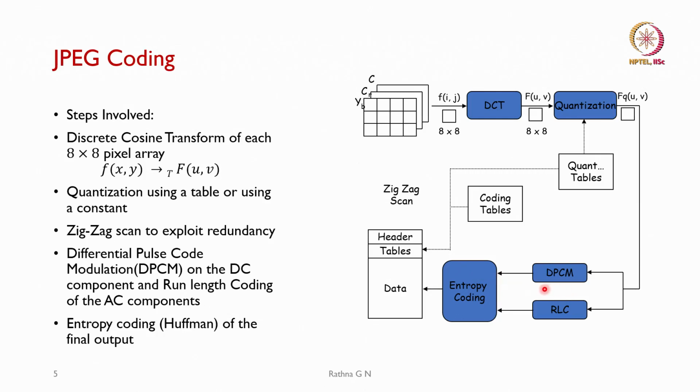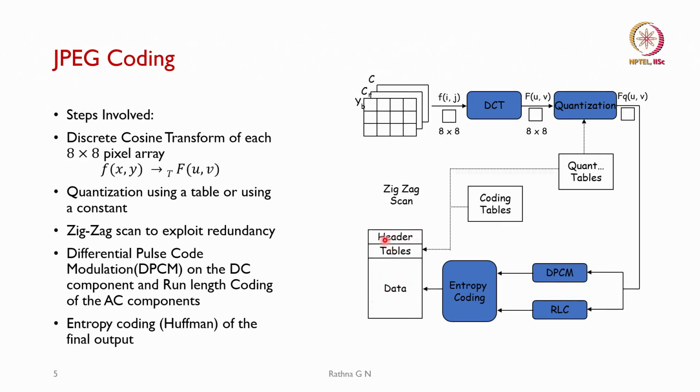You can use run length coding, and then differential PCM coding to generate the entropy coding part, and then it can be stored as data with a header and tables from your quantization tables, indicating what type of quantization was used for this image.